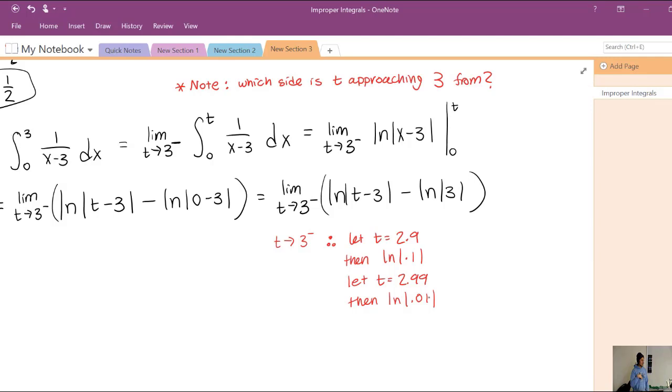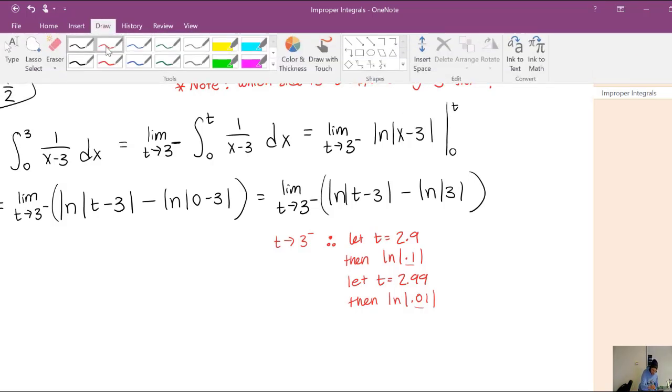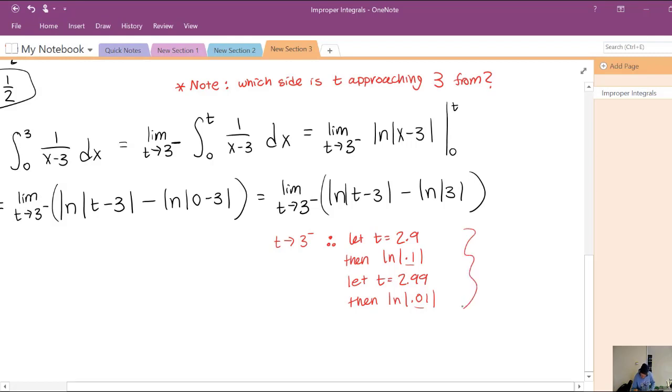And so if we look at the graph of that, actually, let's keep it red. The graph of natural log looks something like that. So what's the limit of it as x goes to 0 from the right side?